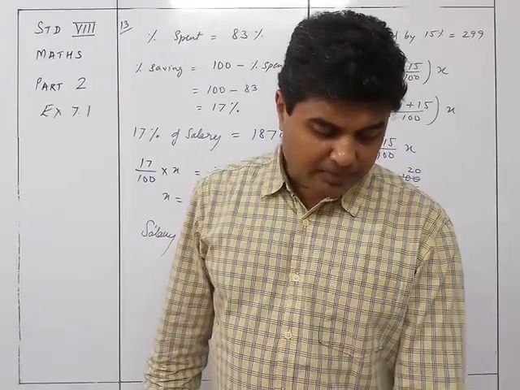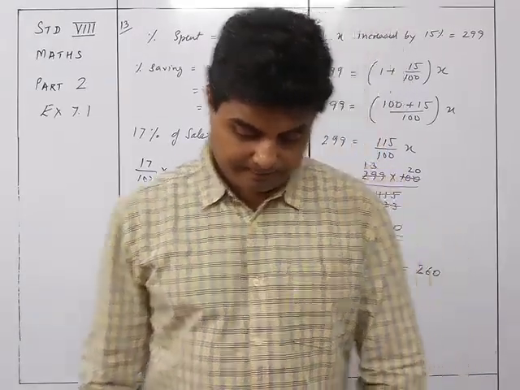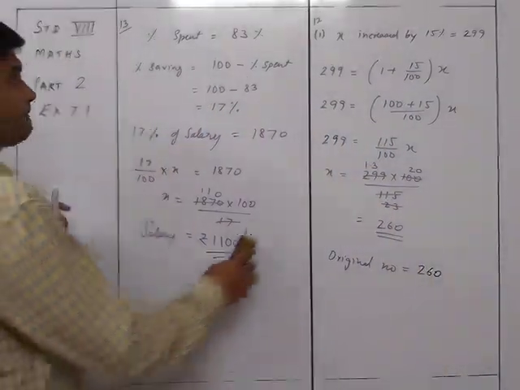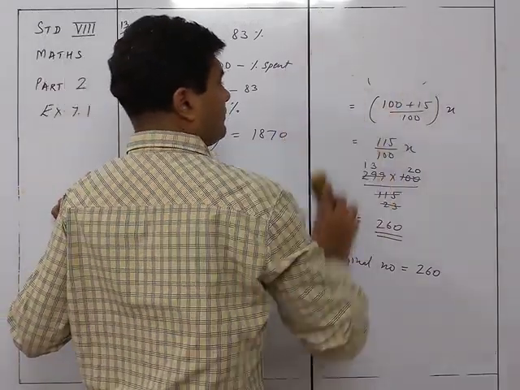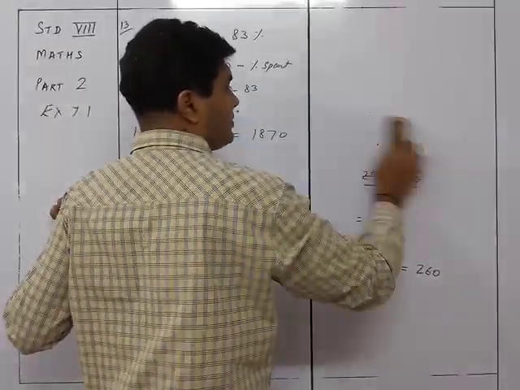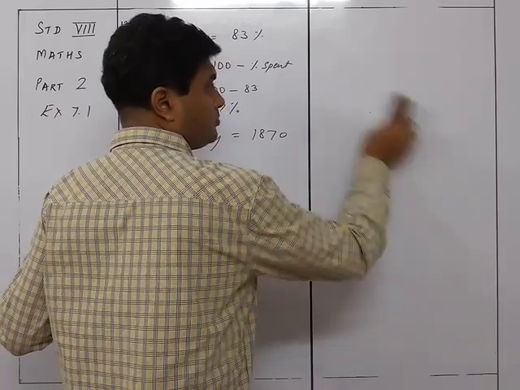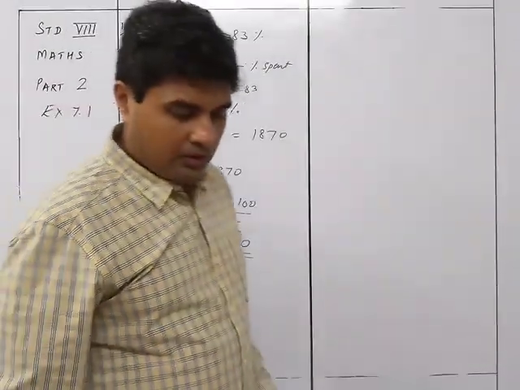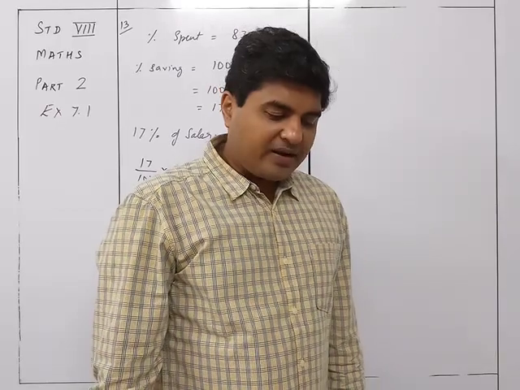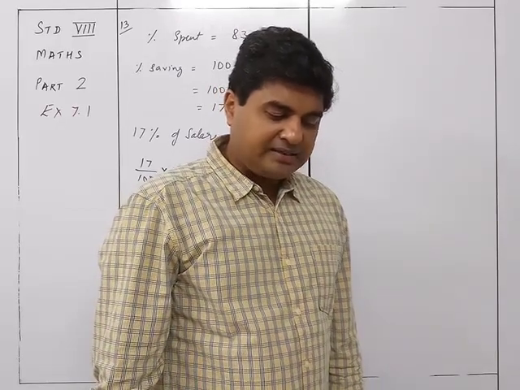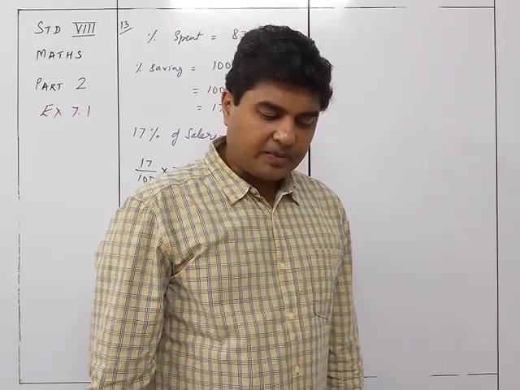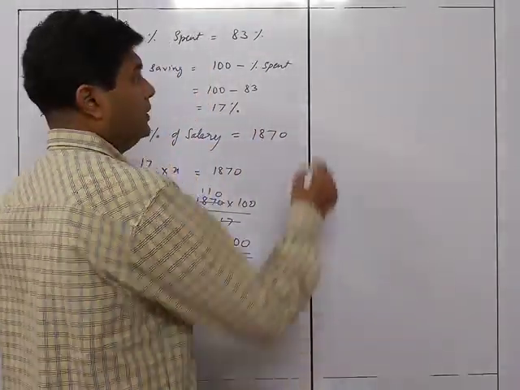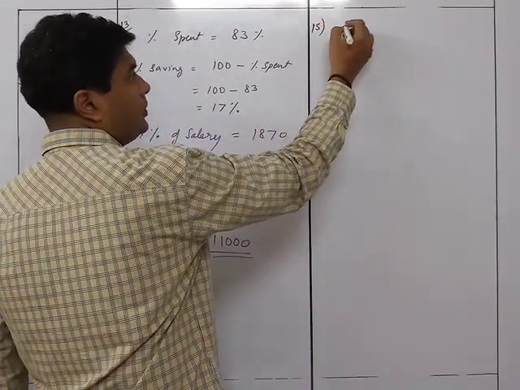We now move on to sum number 15. The price of an article increases from 960 to 1080. Find the percentage increase in the price. So that is sum 15.